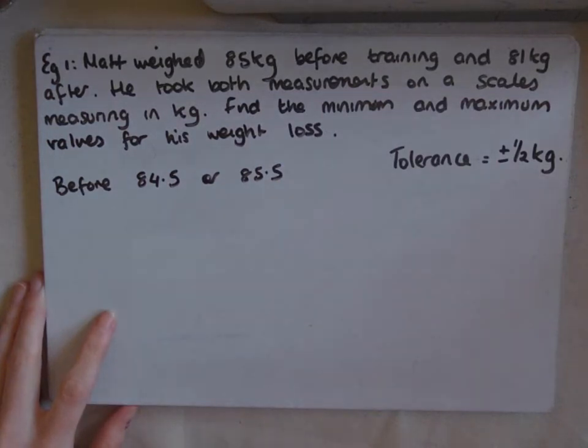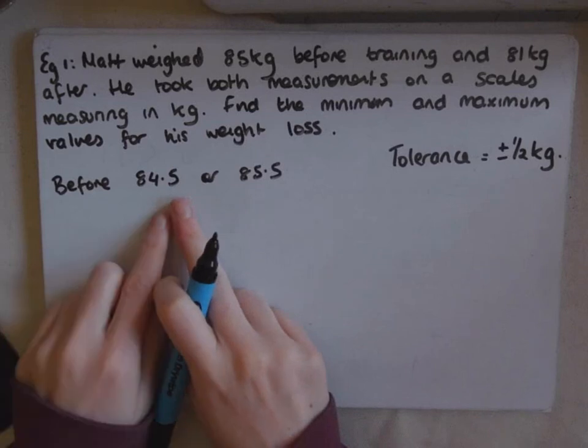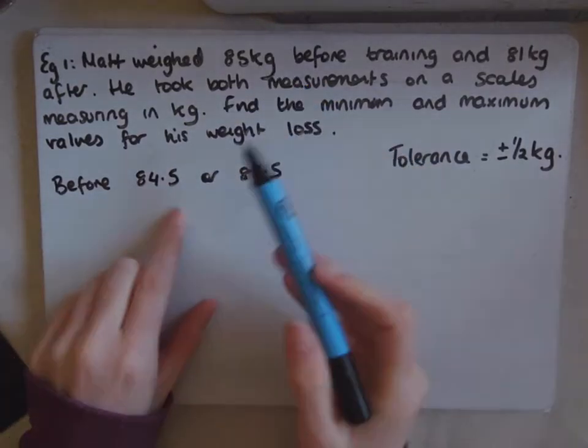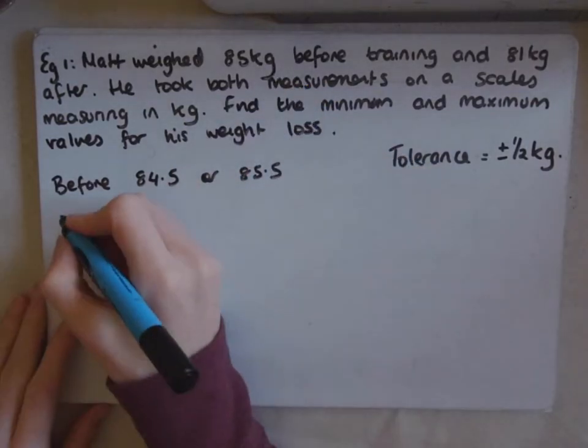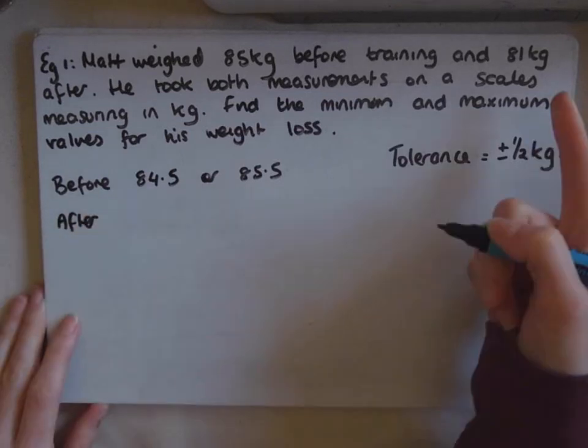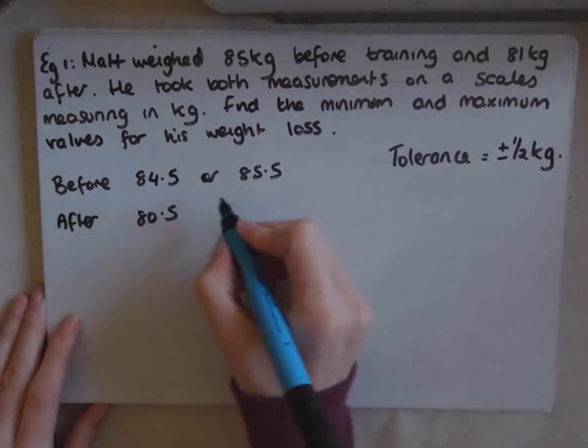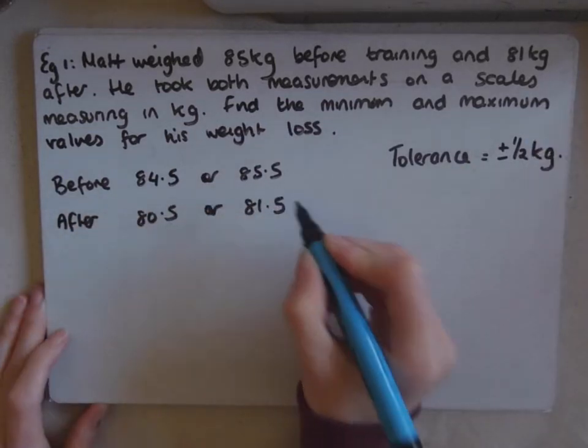That's his before values. The scales either overestimated him by half or underestimated him by half. And his after is either 80.5 or 81.5.